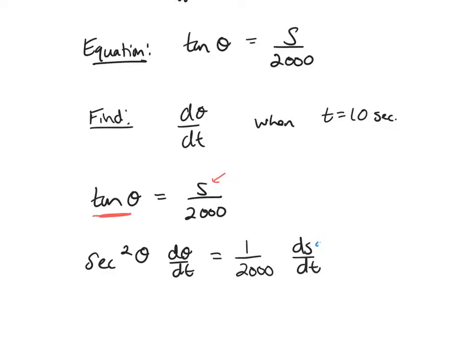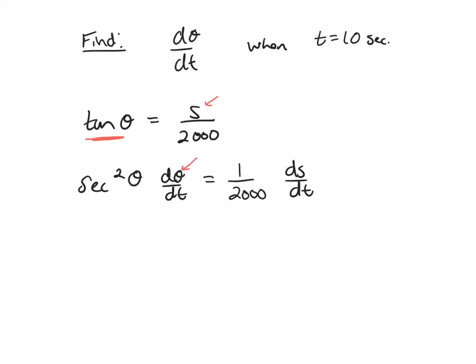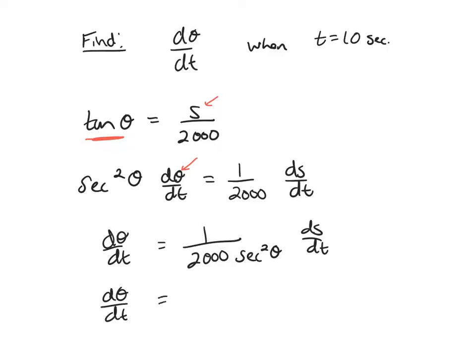So before we do this, what am I trying to solve for? I'm trying to find d theta/dt. So let's go ahead and divide by secant squared theta. d theta/dt is 1 over 2,000 times ds/dt, and then it'll be cosine squared, because 1 over secant squared is the same thing as cosine squared.